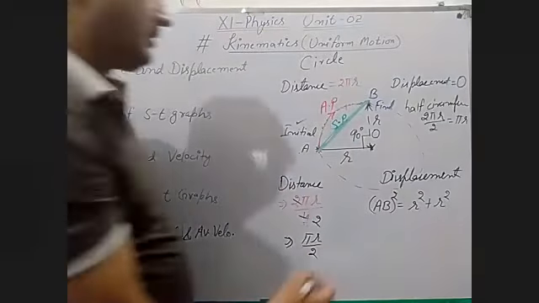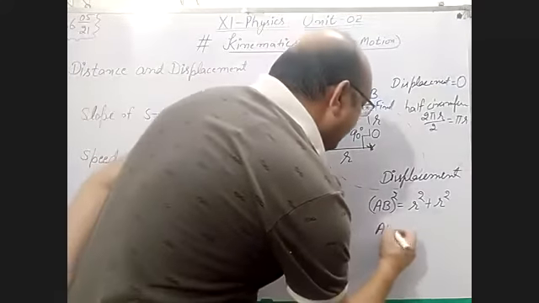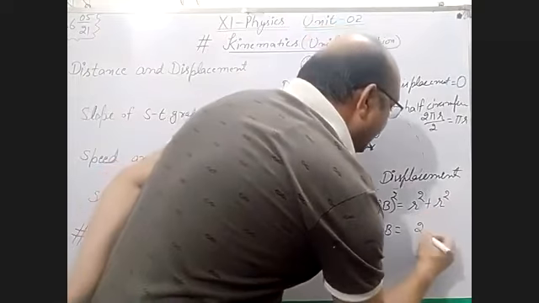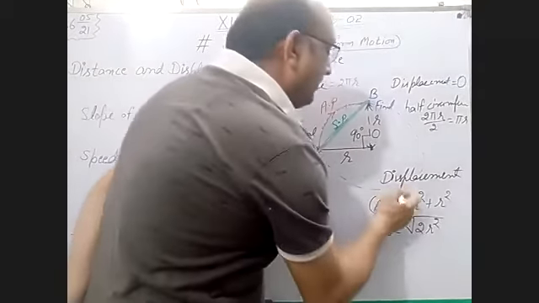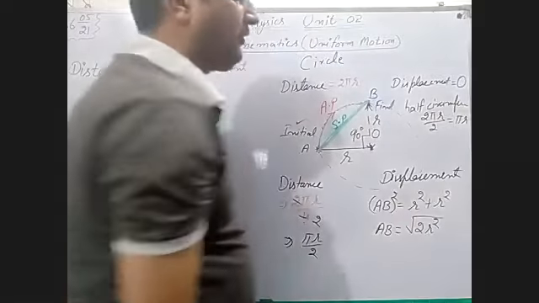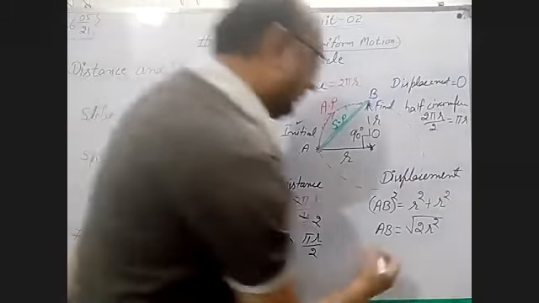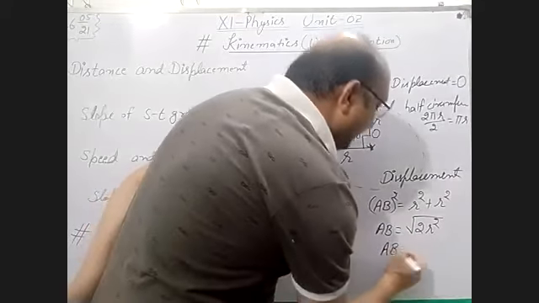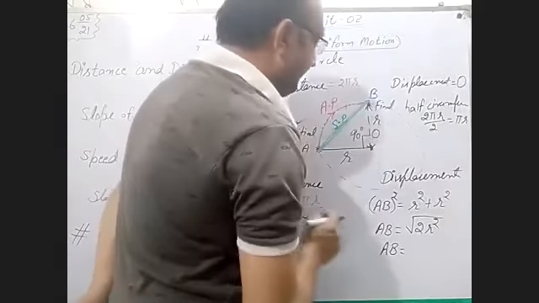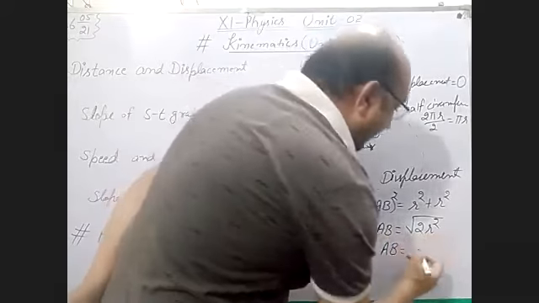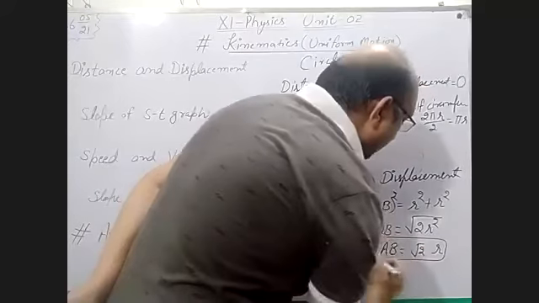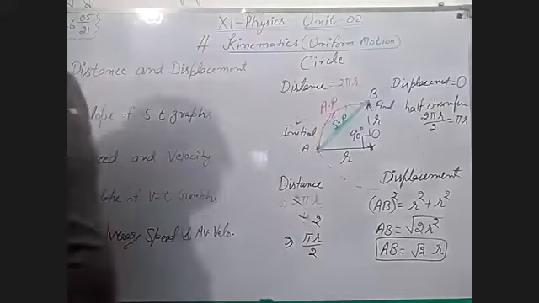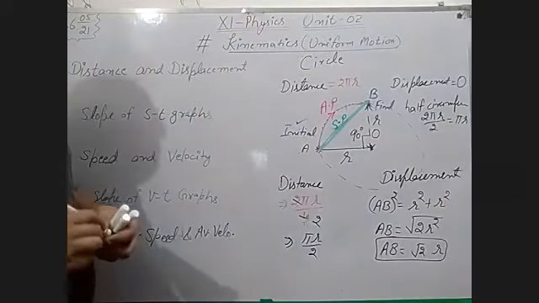Now AB squared is equal to R square plus R square, 2R square, and AB becomes under root of this quantity. Now what is the value of AB? AB is the displacement here. It is R under root 2. This is the answer in this case.